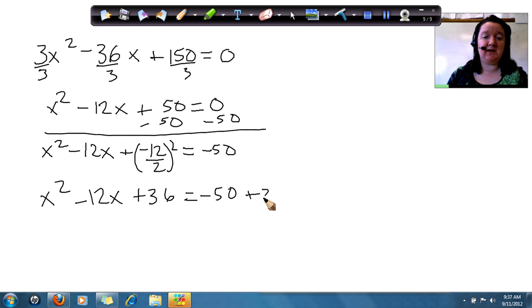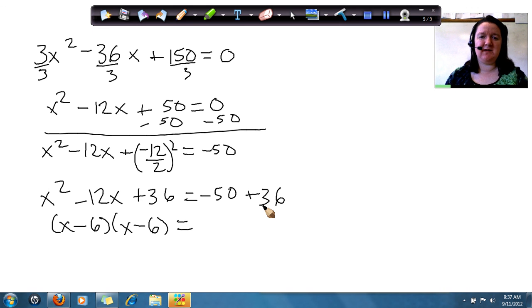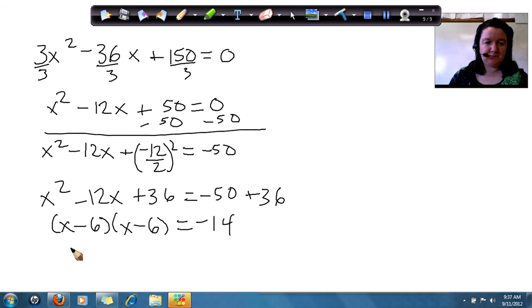Remember, what you do to one side, you have to do to the other. So now let's factor this. x minus 6, x minus 6 equals a negative 50 plus 36, so negative 14. We want to rewrite this.